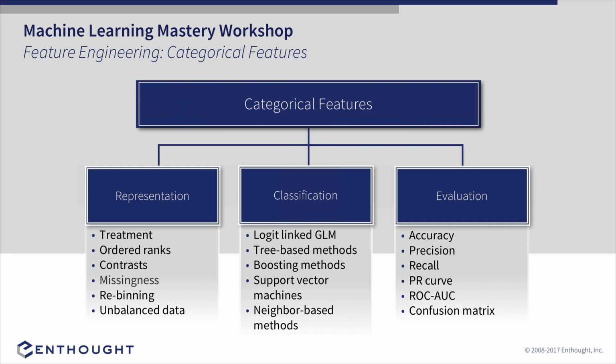If they're labels, there are some special concerns for modeling. And again, we're going to cover each one of these topics in some detail during the workshop, but for this webinar, we're just going to highlight one of them. And our highlight is going to be the strategies that we use to evaluate the success of predicting categorical labels.